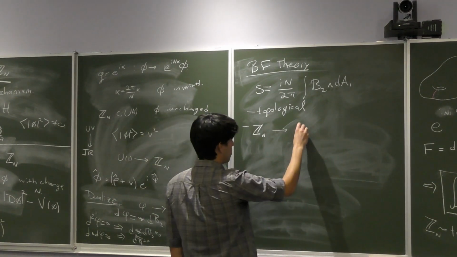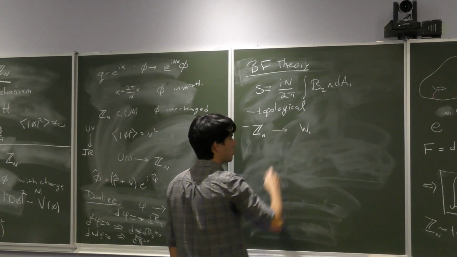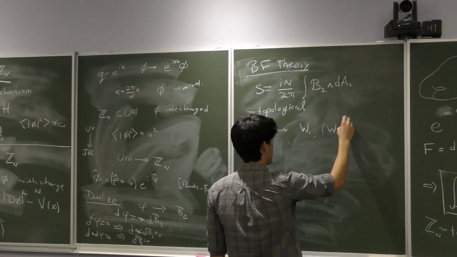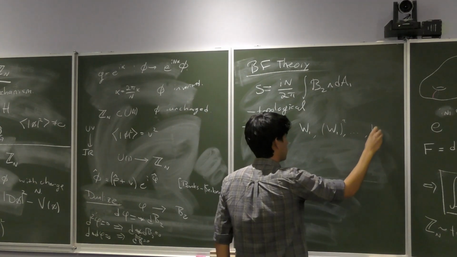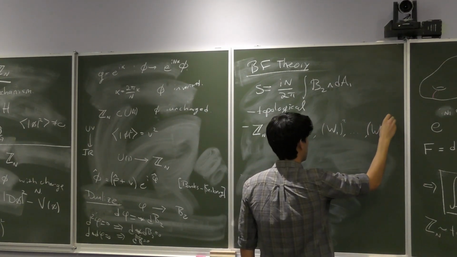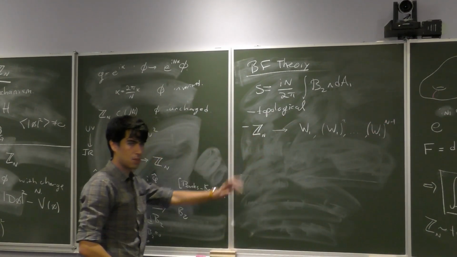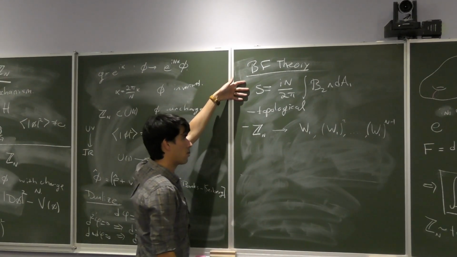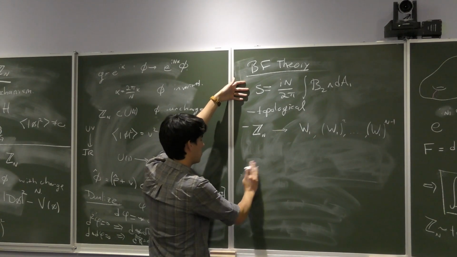So Zn implies that there is some fundamental Wilson line, and then you can take the charge one Wilson line squared, up to the charge one Wilson line to the n minus 1, and these are all the possible Wilson lines. In this theory, there are exactly n Wilson lines.